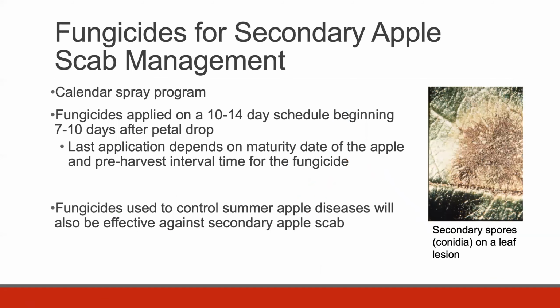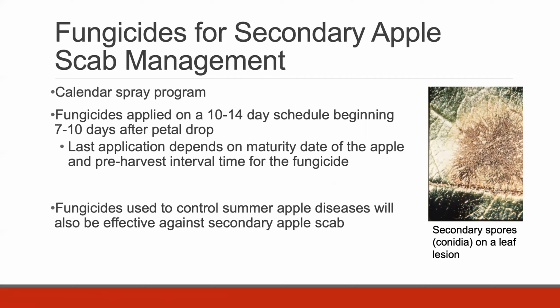So if primary apple scab infections are controlled, secondary infections will be minimal, and fungicides are generally good enough to prevent conidia germination from occurring on those primary lesions that do take effect. So fungicides are still applied using a calendar spray program. However, the interval between applications is extended to 10 to 14 days from 7 to 10 days for the primary infection periods.